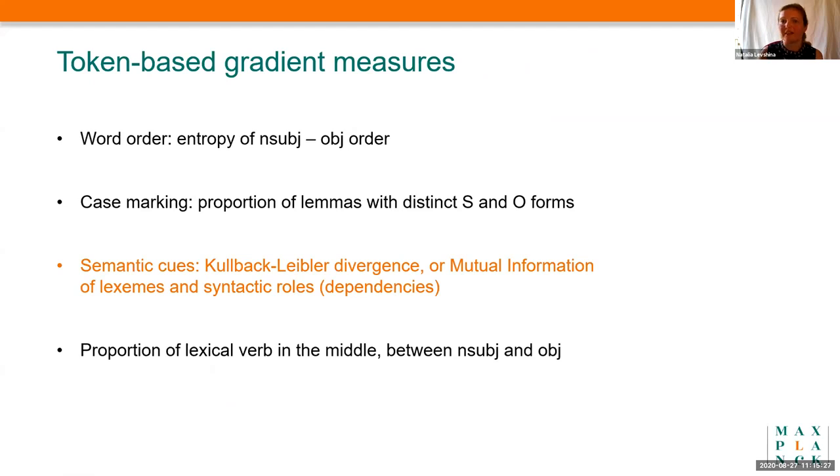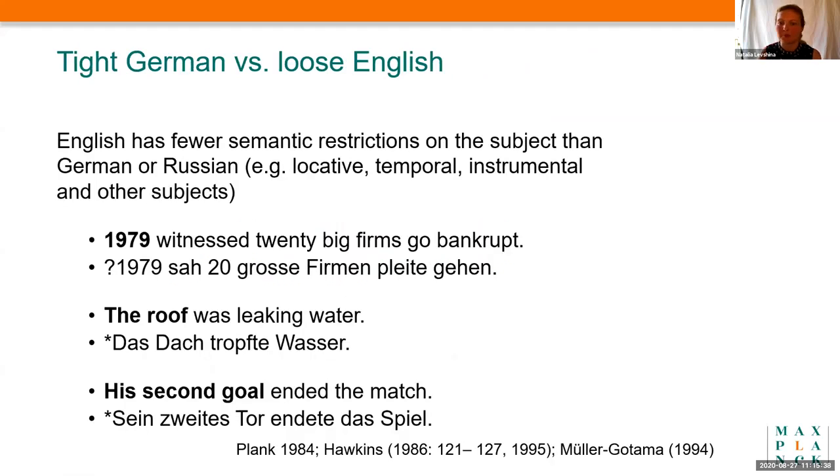Now, the next parameter is semantic fit: how tightly the semantics of lexemes fits these core argument dependencies. You probably heard about the fact that English has fewer semantic restrictions on the subject than German or Russian.